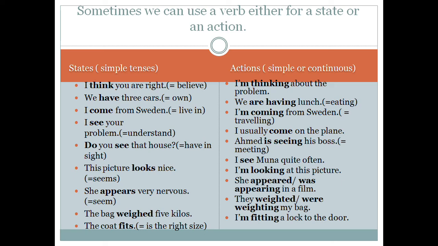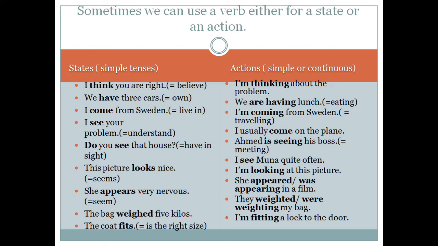Looking here, I am looking at the picture. When you turn your eyes around, when you say I look at something, which means to turn your eyes around, it becomes an action verb. So I am looking at this picture. Looking here is an action verb.